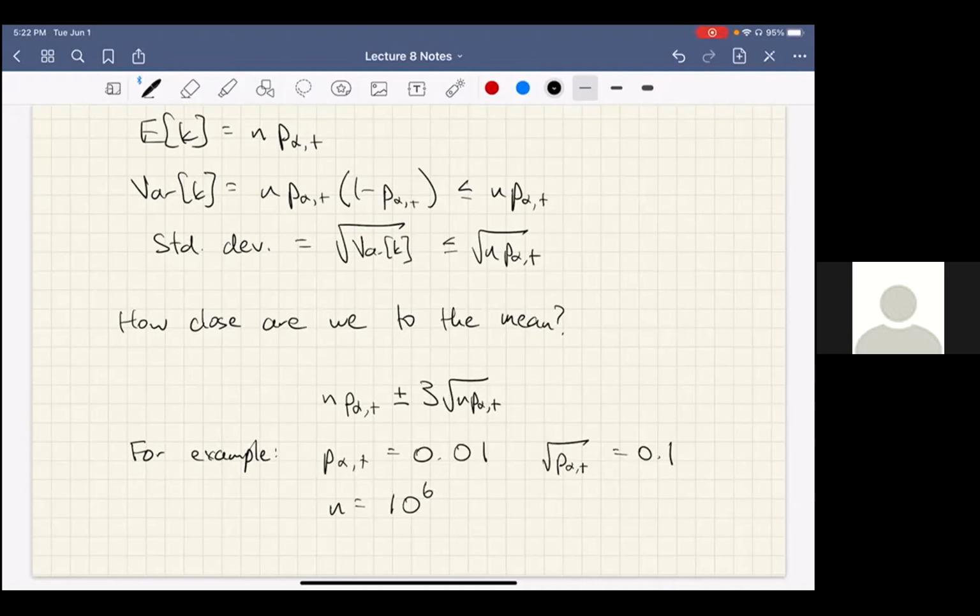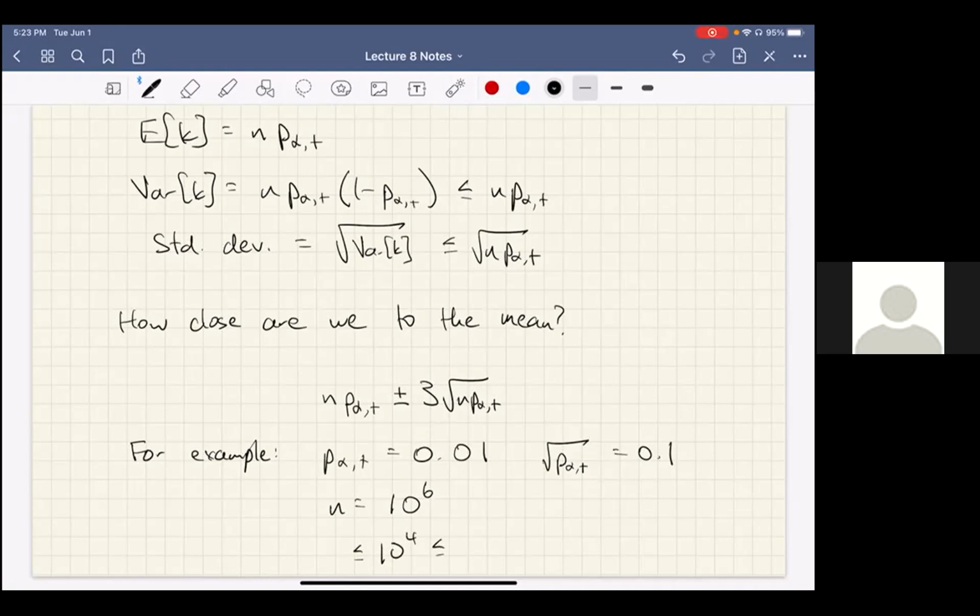Using this argument, you can probably see where this is going if you've ever thought about how large Gaussian values approach the mean. This means that I have 10 to the 4th on either side. That's 10 to the 6th times 0.01.